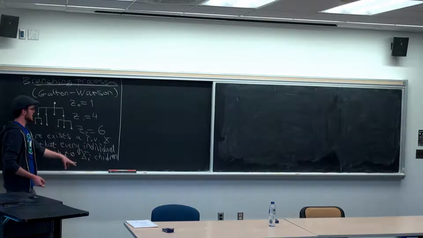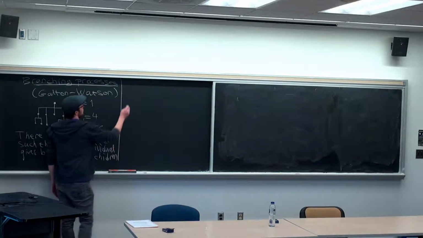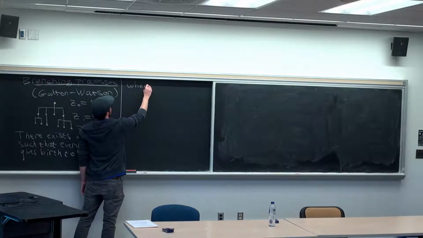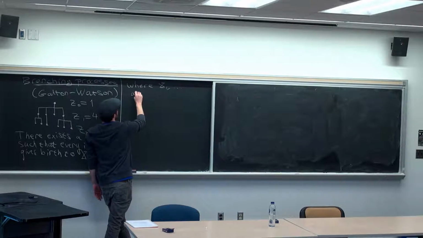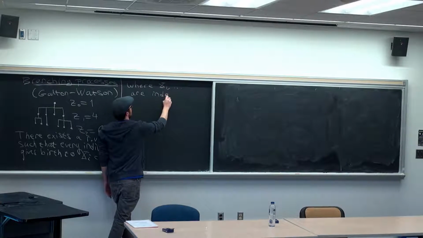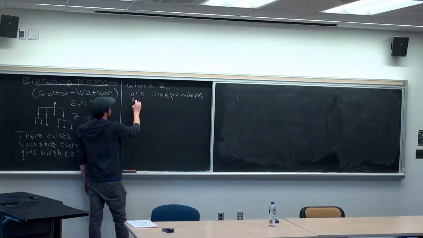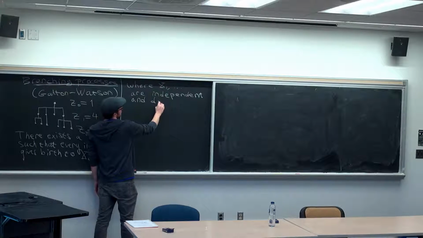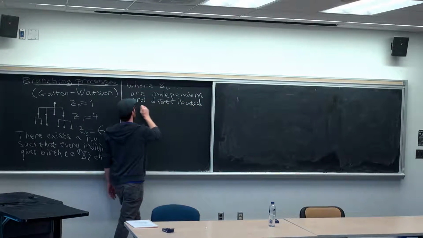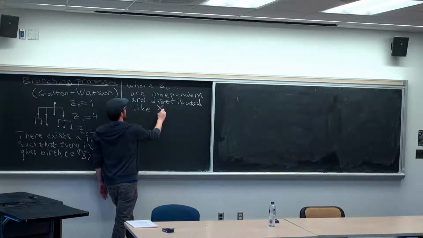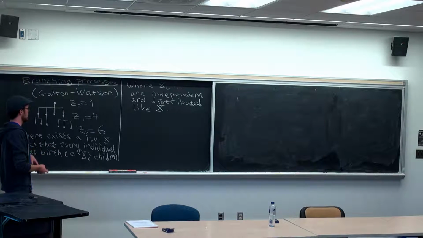So this is individual i gives birth to xi children, where all these x1, x2 are independent and distributed like X. So basically, independent copies of the same random variable.